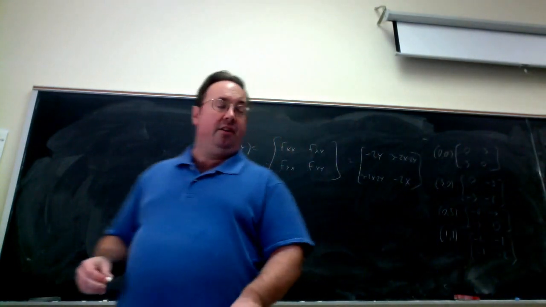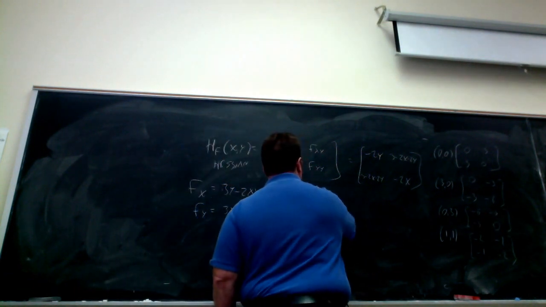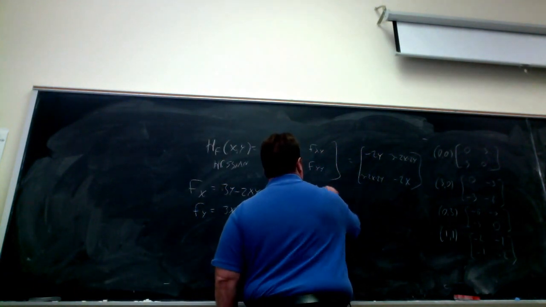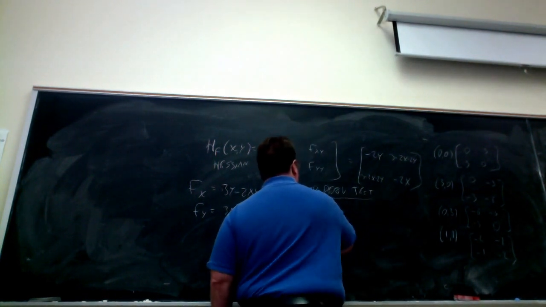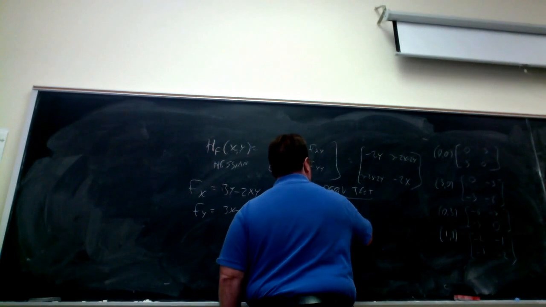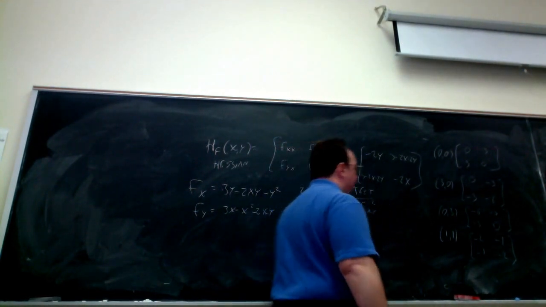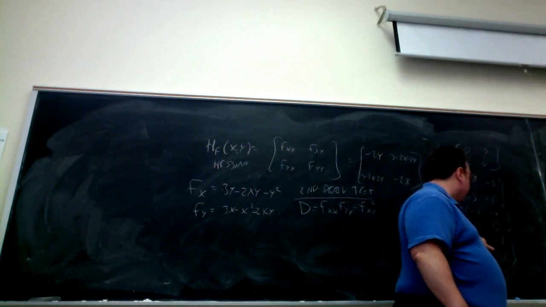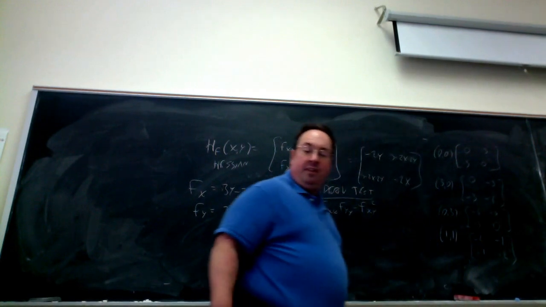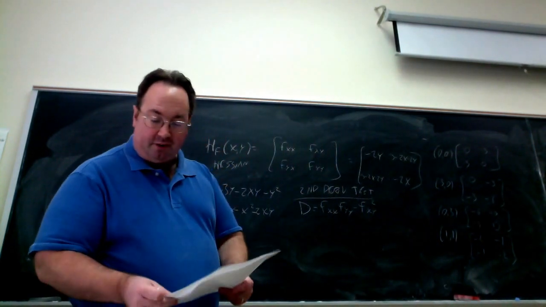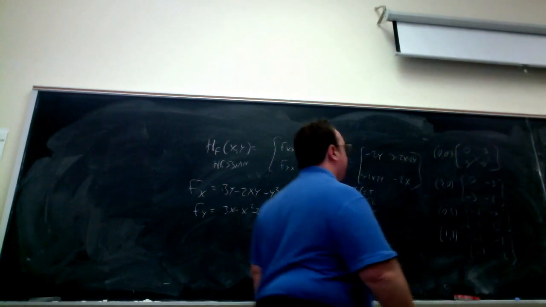So for the second derivative test, you compute this quantity D, the determinant: f_xx times f_yy, minus f_xy squared. So multiply the ones on the diagonal, subtract from that the product of the other two elements. This is a 2 by 2 determinant, which comes up in so many other classes anyway.